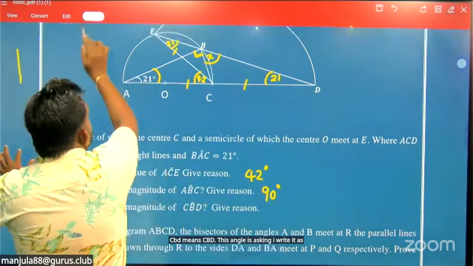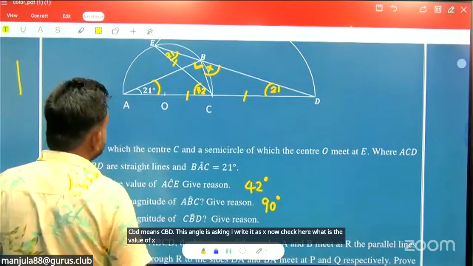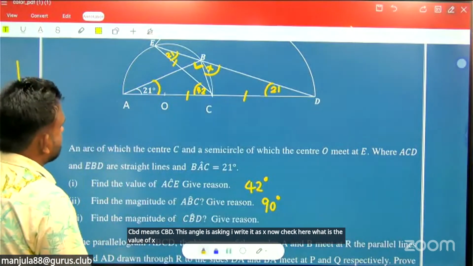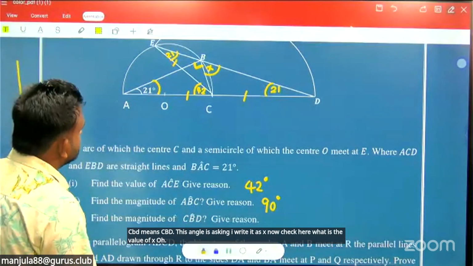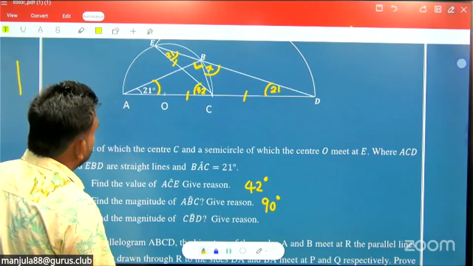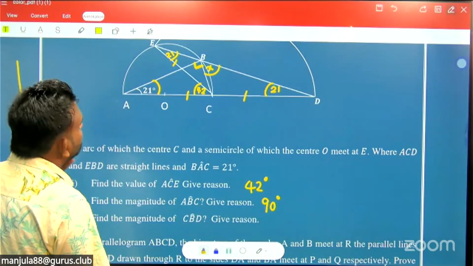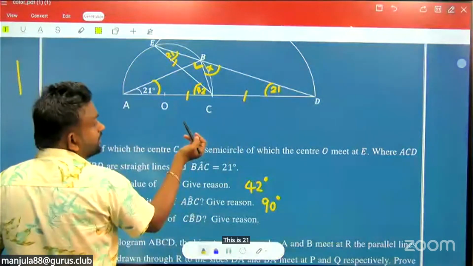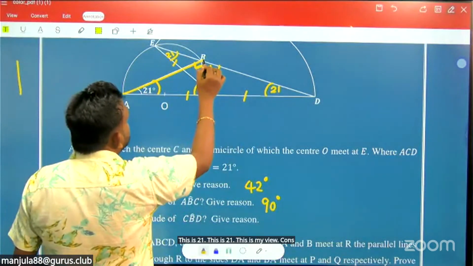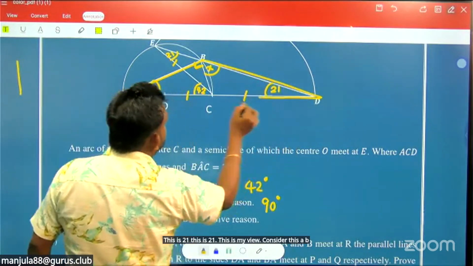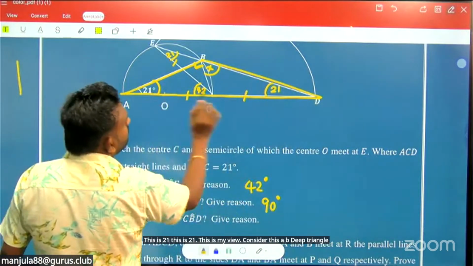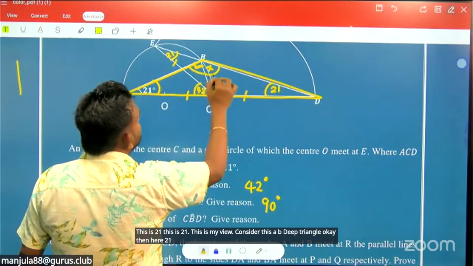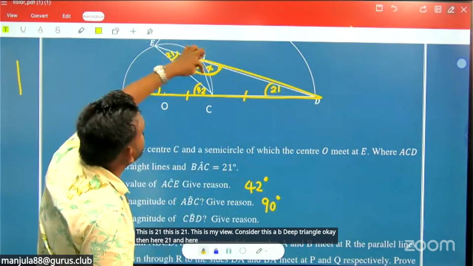Now check here, what is the value of X? This is 21, this is 21, this is my view. Consider this triangle ABD, okay. Then here 21, 21, and here. The total angle you can find out.